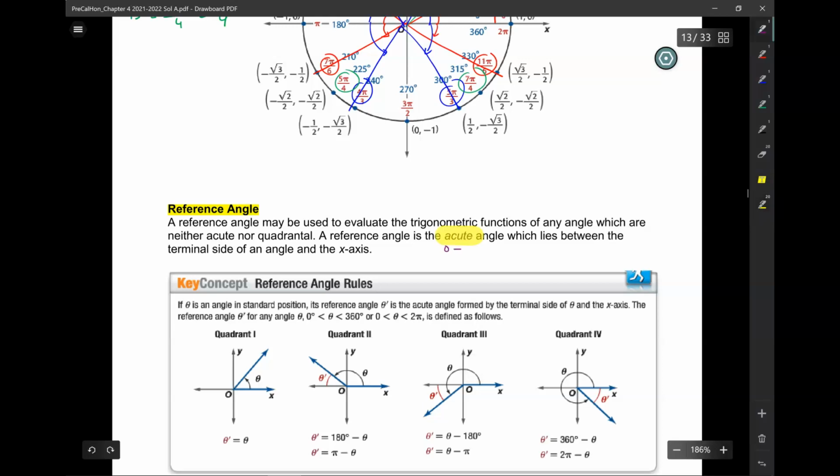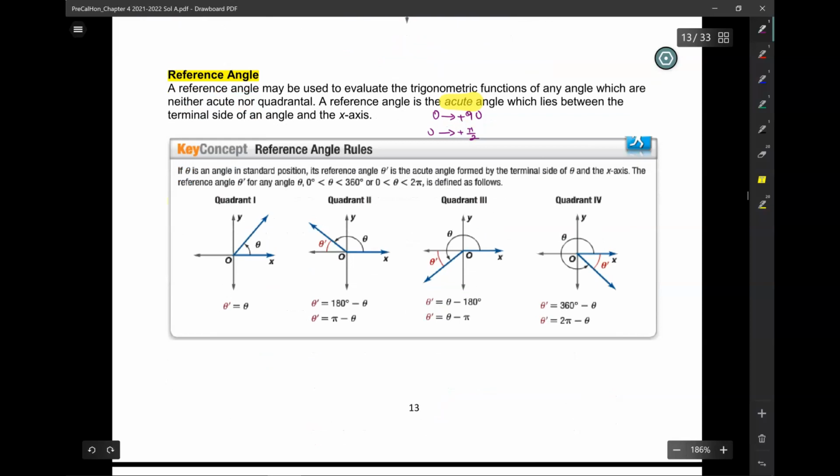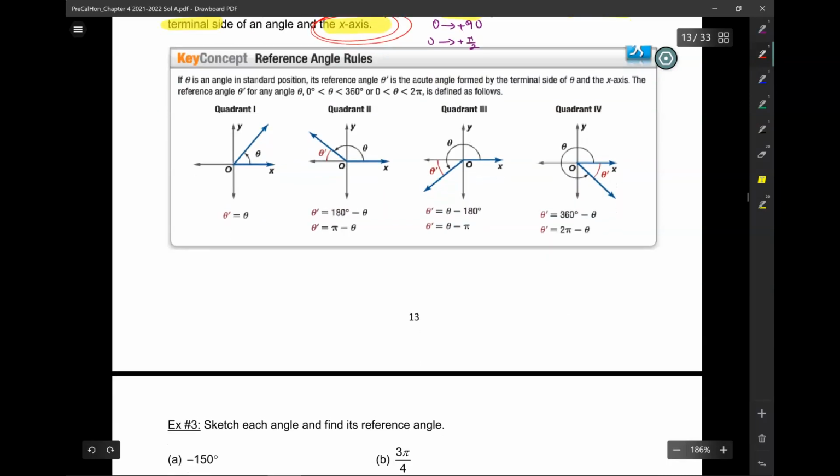It means it goes from 0 to positive 90, or in radians, 0 to positive pi over 2. Second thing, it's the angle that lies between the terminal side of an angle and the x-axis.